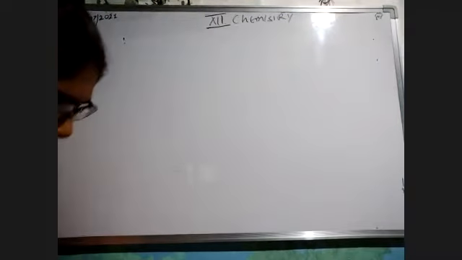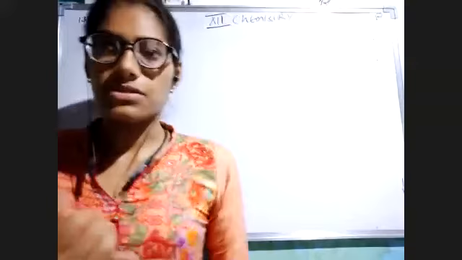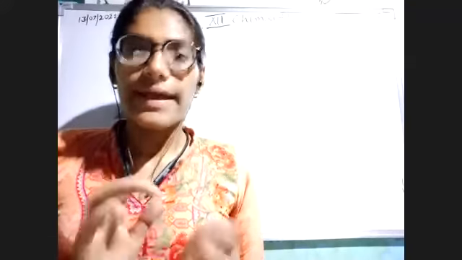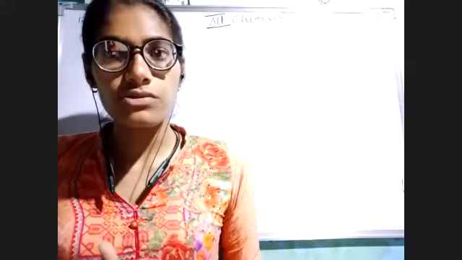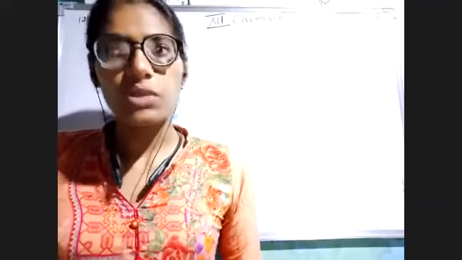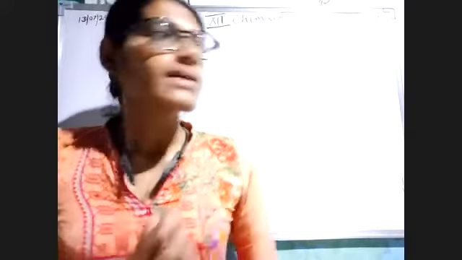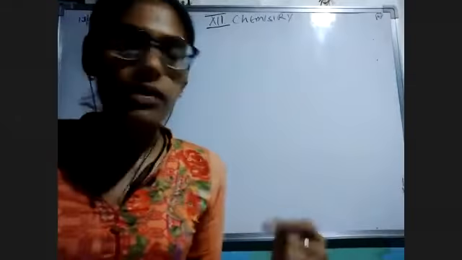Okay, so till now we have completed two types of reaction, that is zero order and first order kinetics. In zero order and first order kinetics, we have done the integrated rate equation also, the differential rate equation also, the time period as well as the unit also. Cool. Now, along with zero order, first order, there are so many reactions like second order, third order, but they are not in our syllabus.